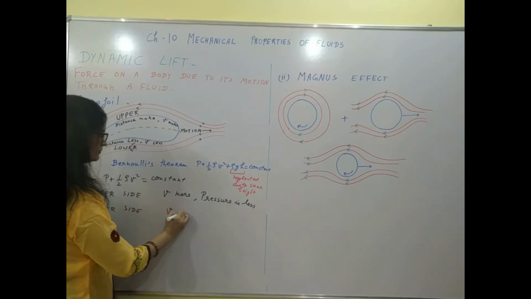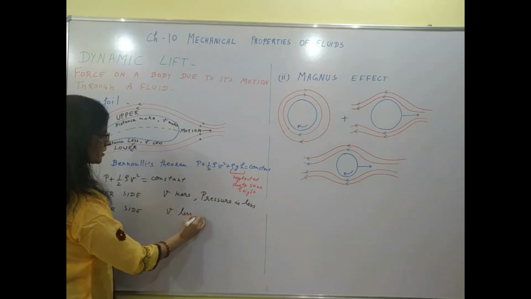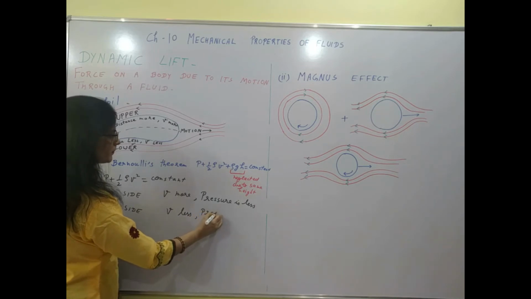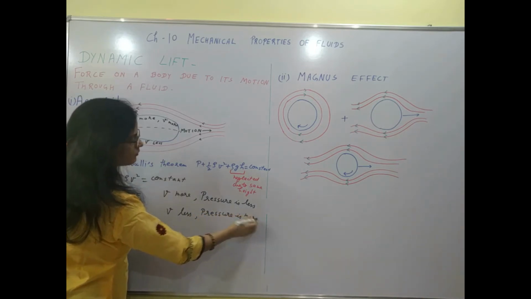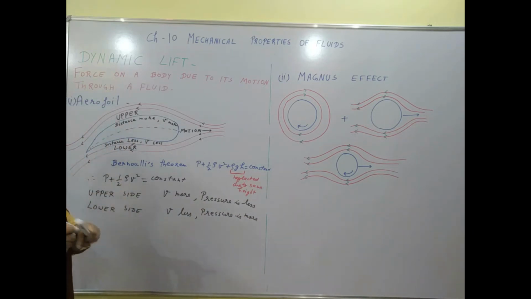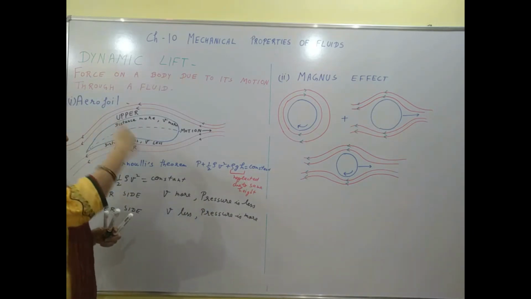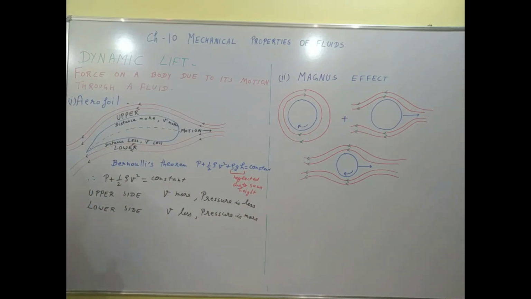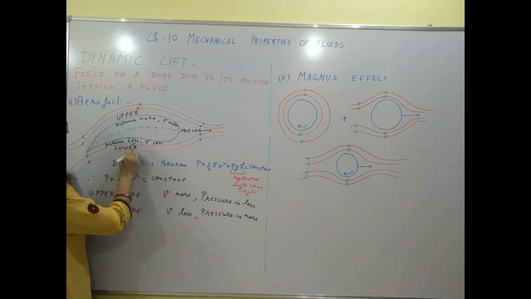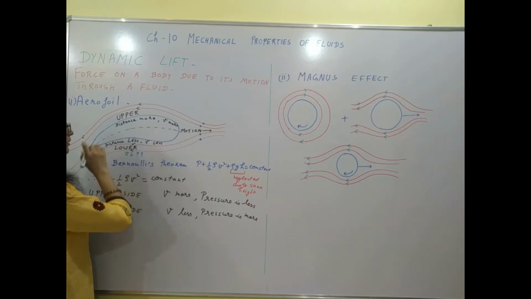If we talk about the lower side, velocity is less, therefore pressure is more. And we know that the fluid moves from higher pressure to lower pressure side. So if we mark this over here, the pressure is more. So velocity is less, pressure is more, right?